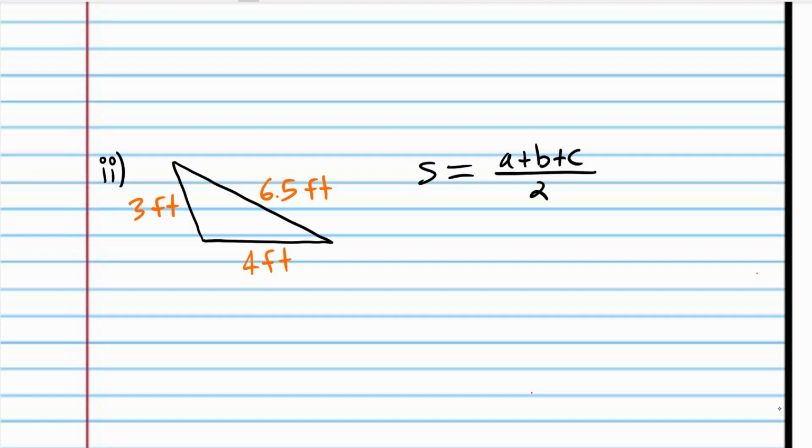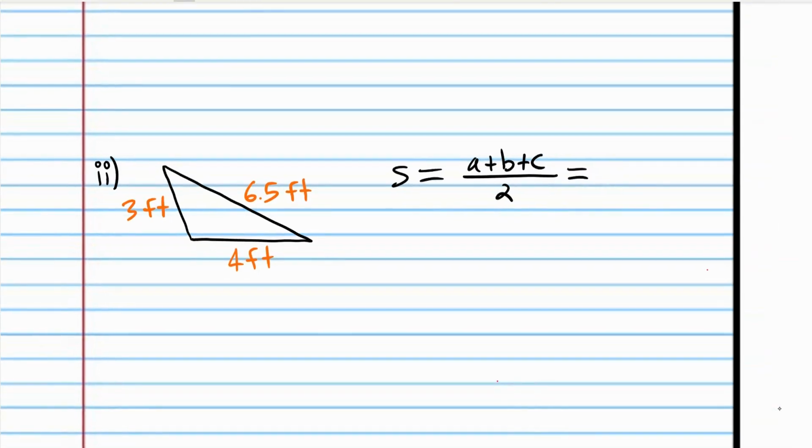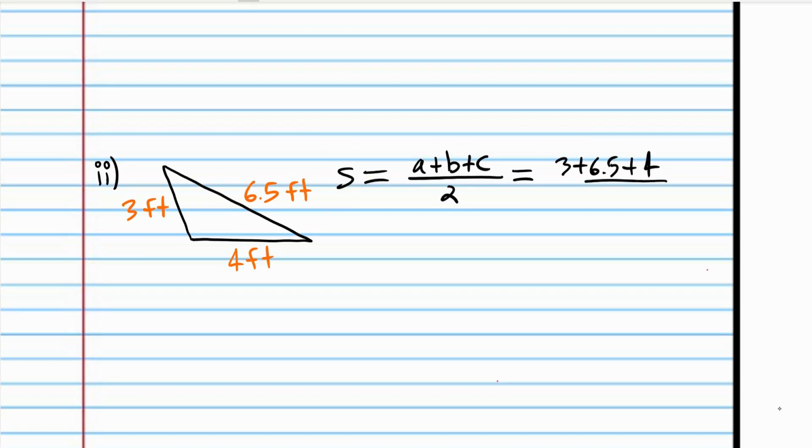To use his formula, we have to have the perimeter of the triangle divided by 2. And so if we do that in the calculator, 3 plus 6.5 plus 4, and then divided by 2, we get 6.75.